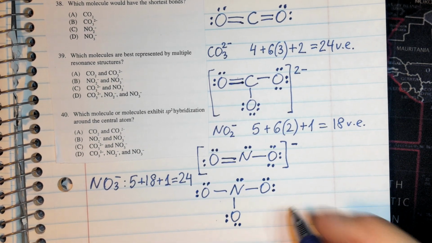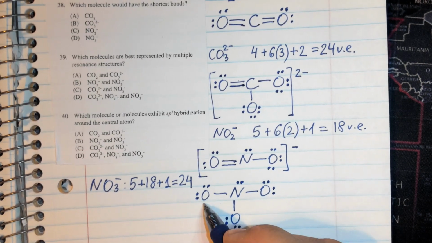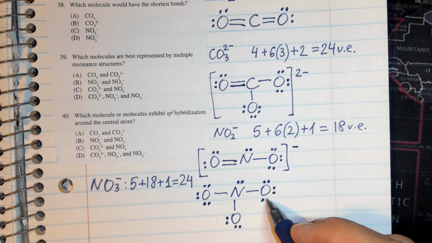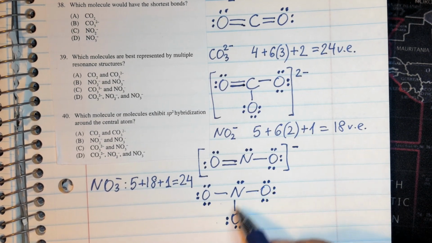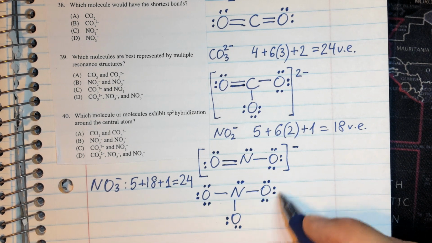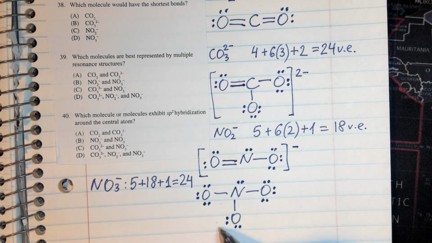So I have 4 more electrons, and I'm going to complete an octet on 2 of the oxygens. So I completed an octet on the nitrogen and on 2 of the oxygens. However, one of my oxygens, that's this one, only has 6 valence electrons. That's not a stable configuration, and I ran out of electrons already.